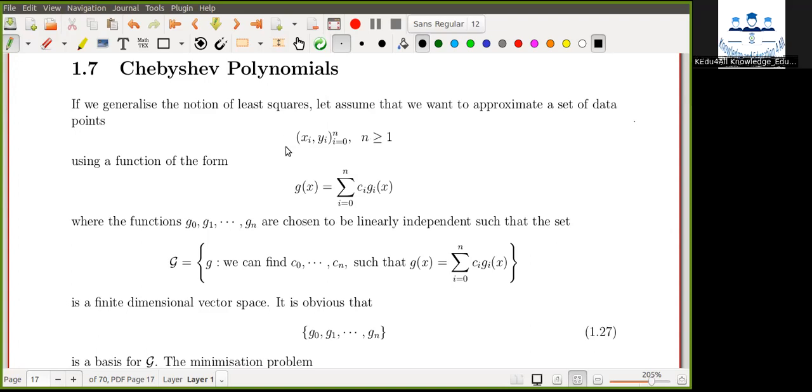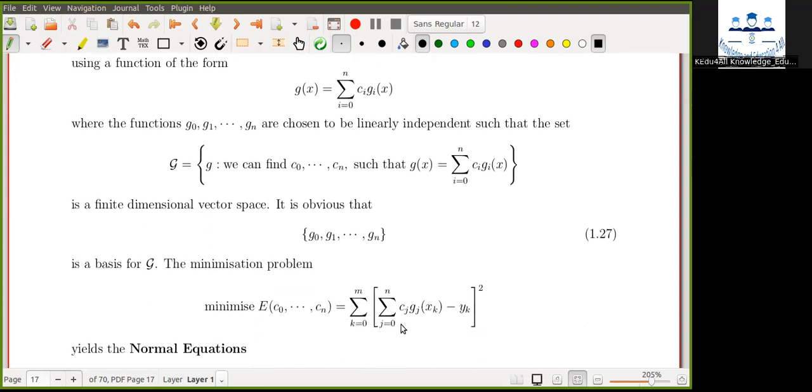So the least square method, as usual, will consist of minimizing the distance between the vector y and the vector g, the difference between y_i and g of x_i.